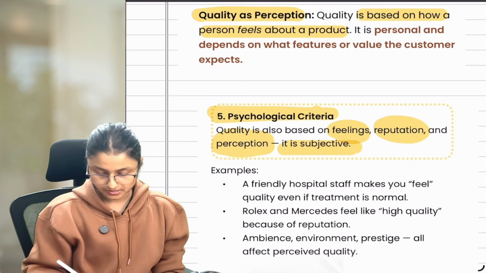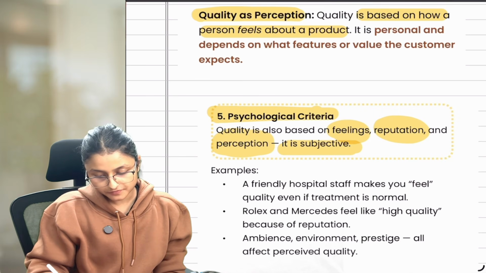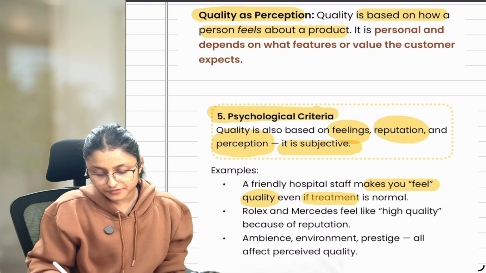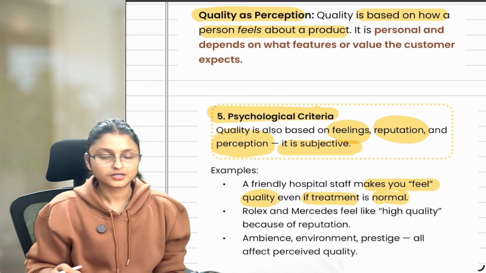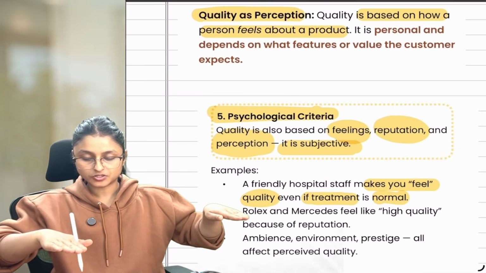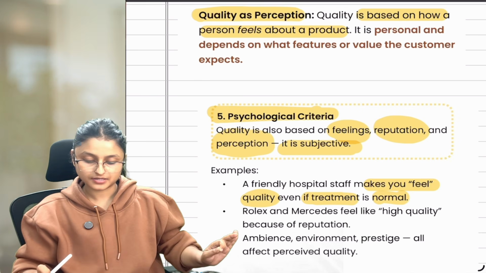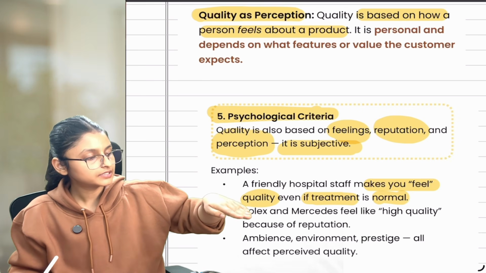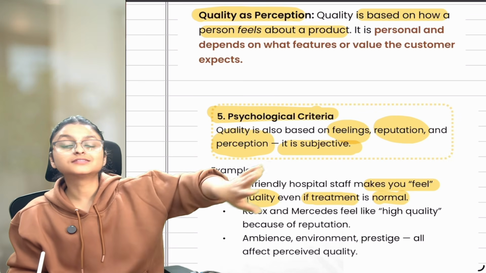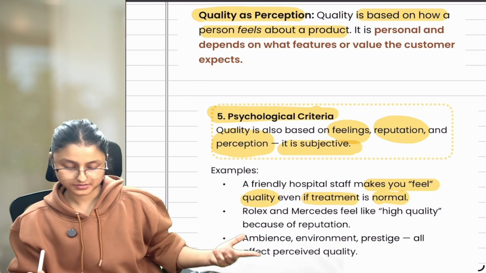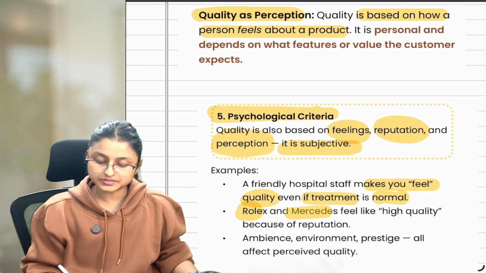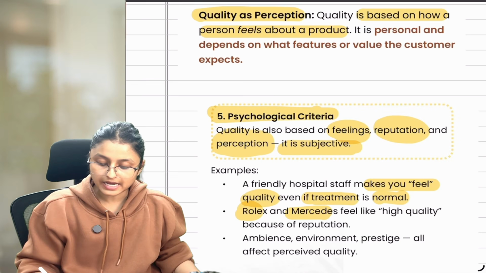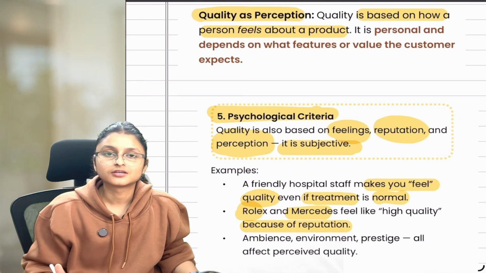Let's see the examples. A friendly hospital staff makes you feel quality even if the treatment is normal. Think about it. Hospital A and Hospital B provide the same treatment. But here the hospital staff were friendly, and that is why you are feeling that it is a quality product or a quality service. Next, Rolex and Mercedes feel like high quality because of reputation.